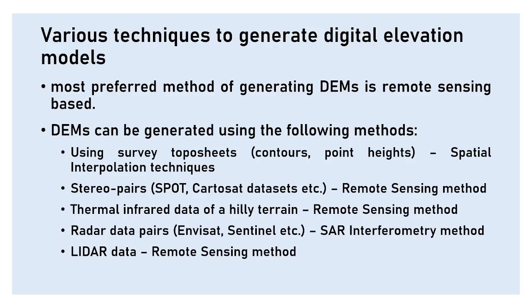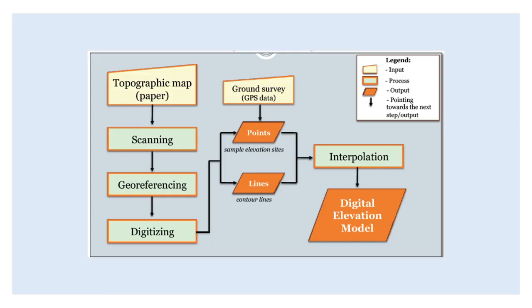The first point, using the survey topo sheets. You have a topographic map which is on paper, right? That's the most popular way you find a topographic map. Even if you just Google search for a topographic map, you might get a scanned version rather than a digitized version. So it's mostly on paper.